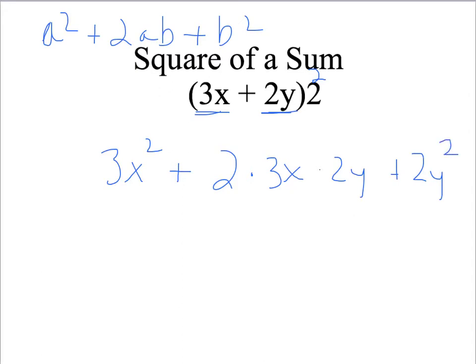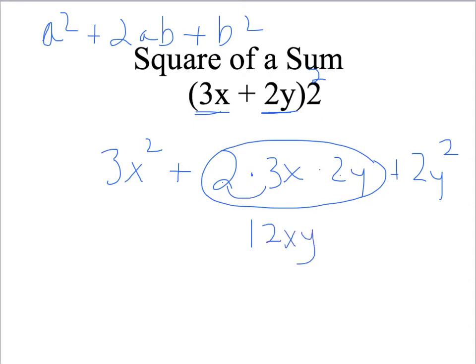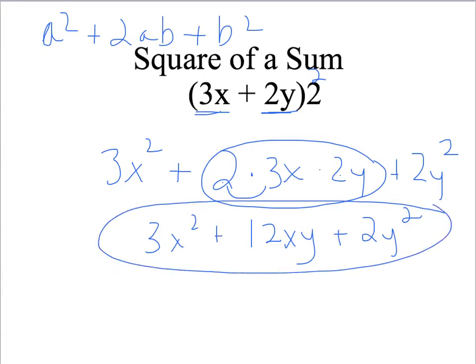Now in the center, we're going to multiply. These are all multiplied together, so I have 2 times 3 times 2. That is 6 times 2, which is 12xy in the center. And I'm bringing down the squares. Again, a shortcut so you don't have to use FOIL.